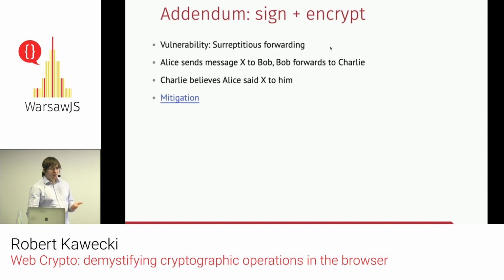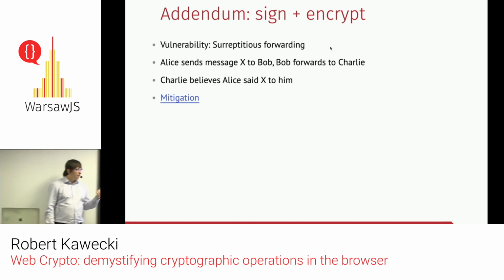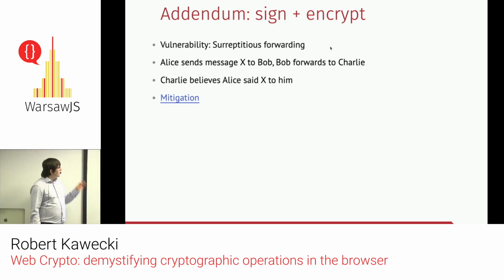It's actually implemented wrong in most protocols, but quite accidentally they work correctly just because their payloads match what's being sent. The vulnerability is a pretty obscure one, and it's not widely known in the field, which is why I'm including it here. It's called surreptitious forwarding. I hope I'm pronouncing this right, but basically it means stealth forwarding.